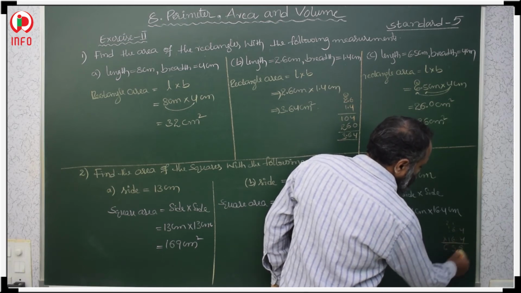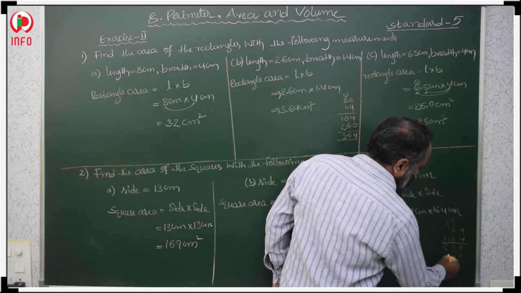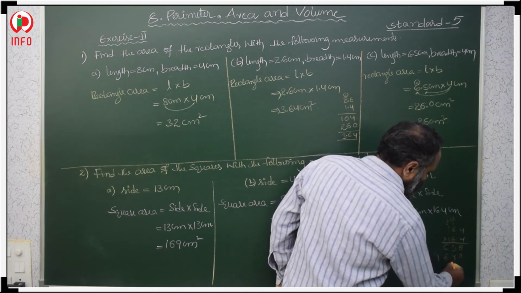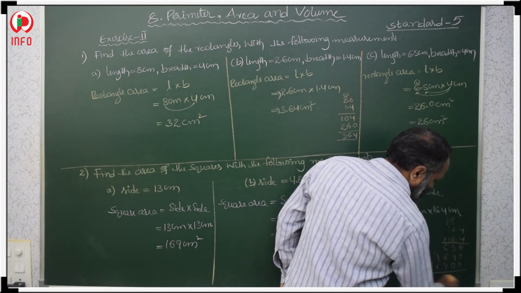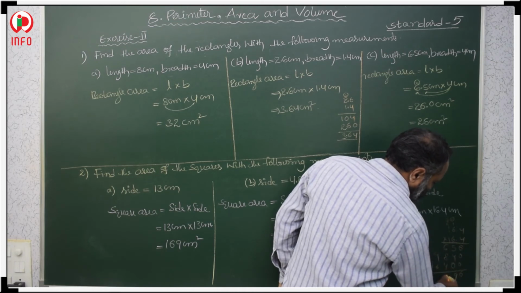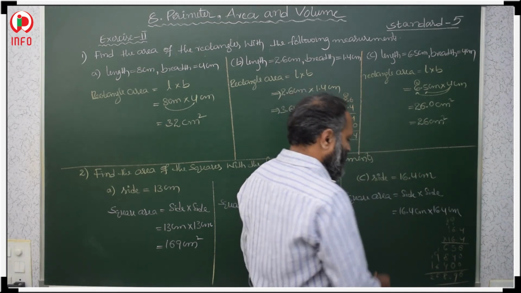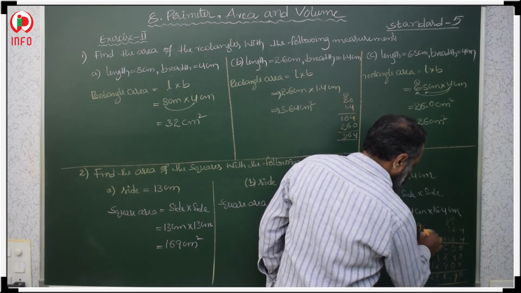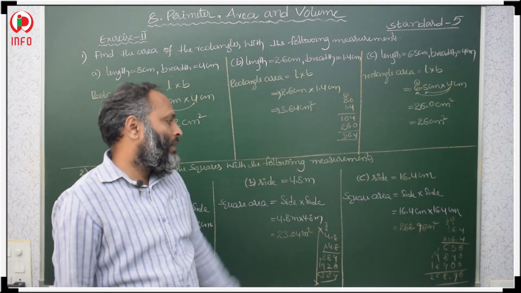Here 0. 6 4s are 24. 2. 6 6s are 36, 38. 3. 6 1s are 6, 9. Then after that here 0. 4 6 1. 6 9 18 16. After 2 digits, 268.96 centimeter square. So, this is the area of a square.